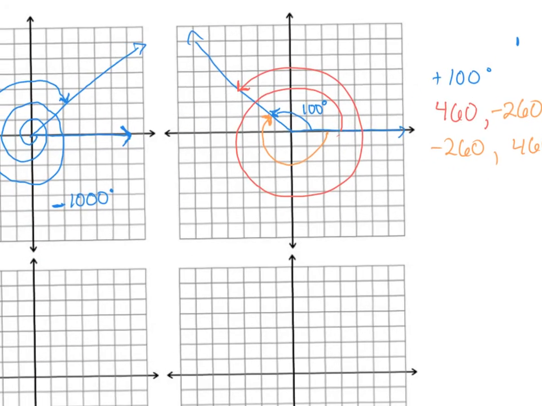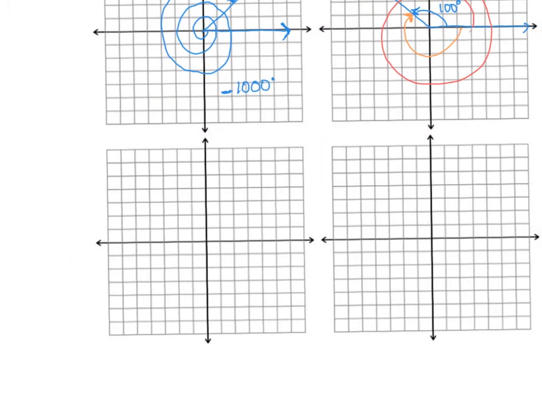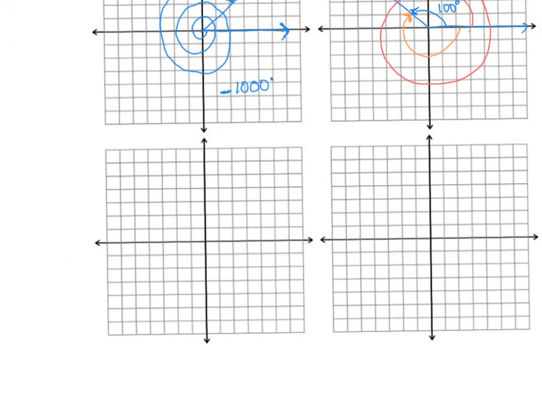Lastly, the only last thing that you need to know is a reminder of what a complementary and supplementary angle is. Going back to our 100-degree angle here, complementary, remember, that adds up to 90 degrees.